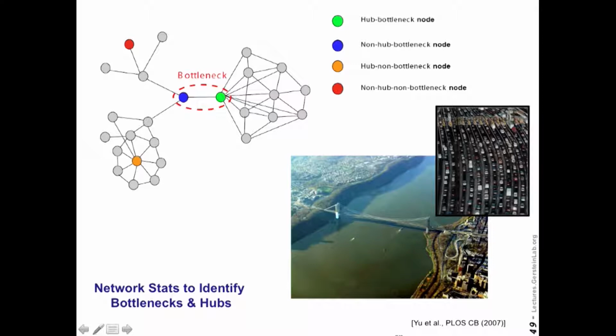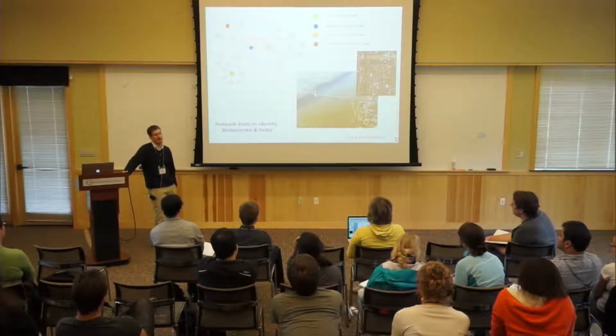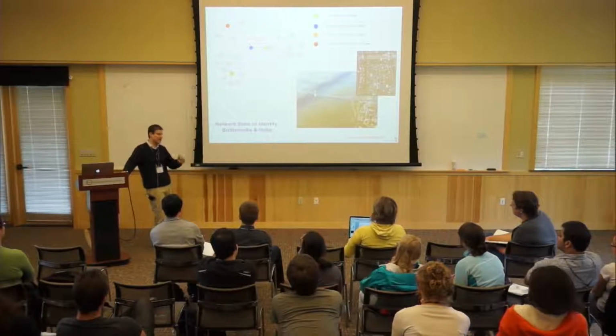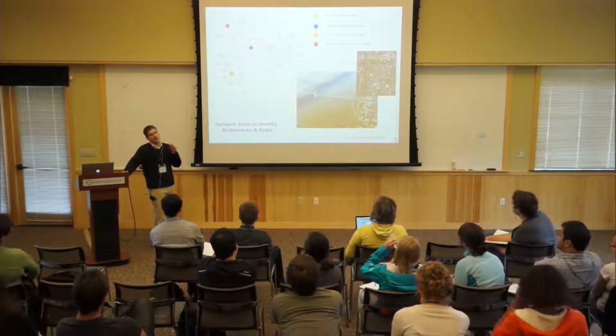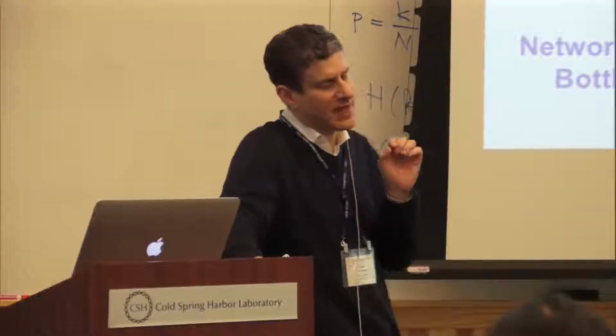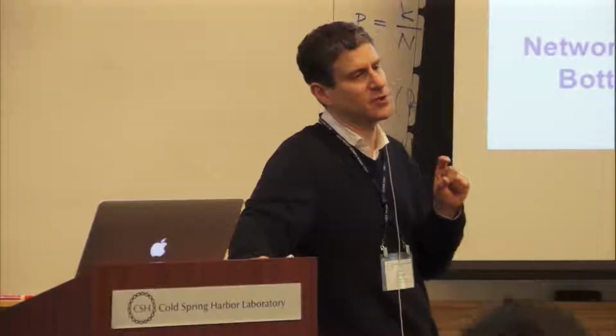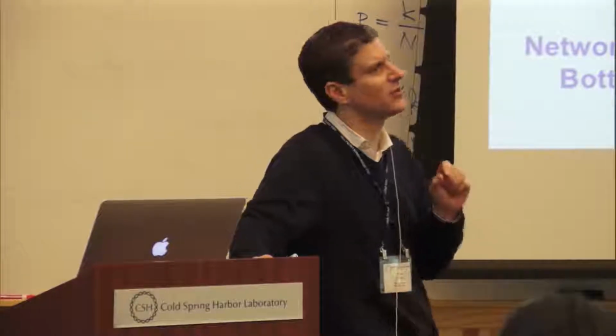The structure is a bottleneck because if you visualize all the trips going up and down the East Coast of the United States, think about every possible car trip, from your house to a house in Washington, or all over the place. Think about the places that all those trips have to go through that have maximum betweenness. Well, there are not that many places you can cross the Hudson River.